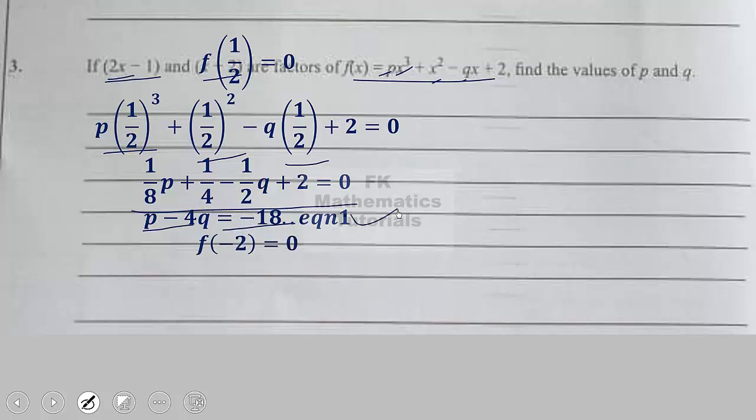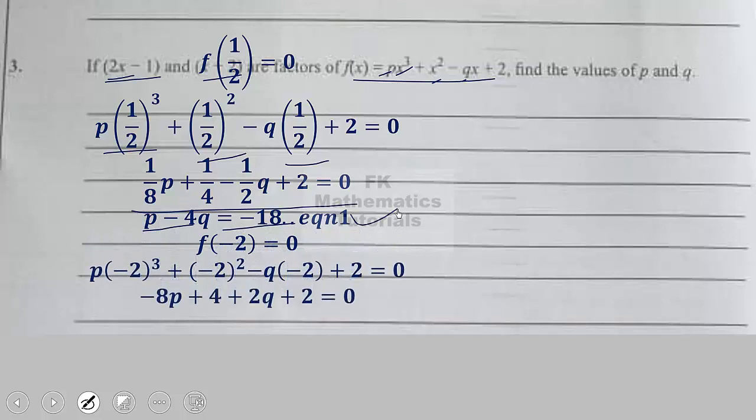We repeat a similar process for x plus 2, and this will also give us the equation negative 8p plus 2q minus 6. But I want to eliminate the q.